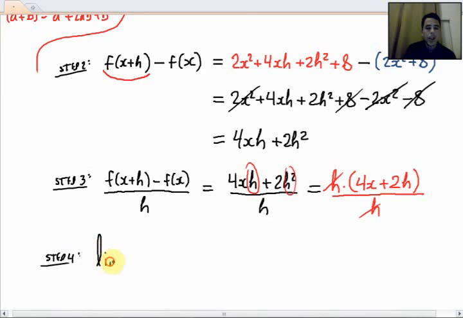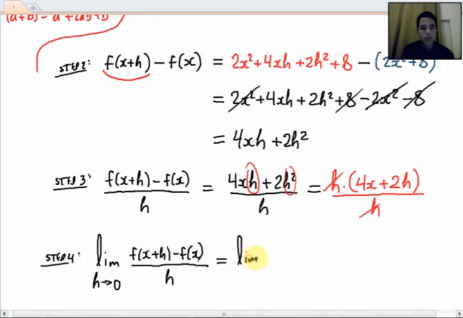Now let's see what happens when h goes to 0 of this rise over run. This expression is actually simply 4x plus 2h.